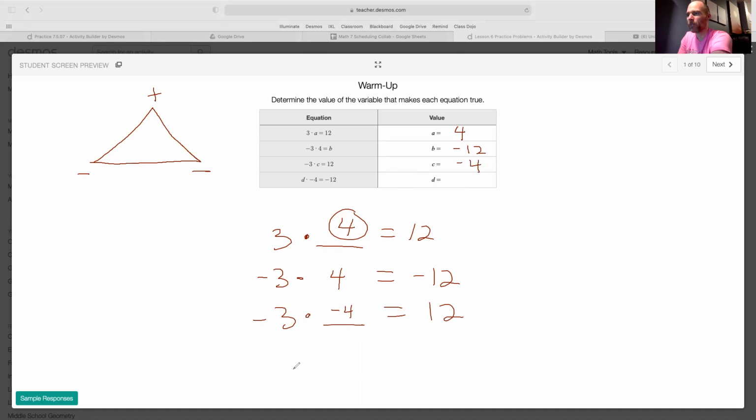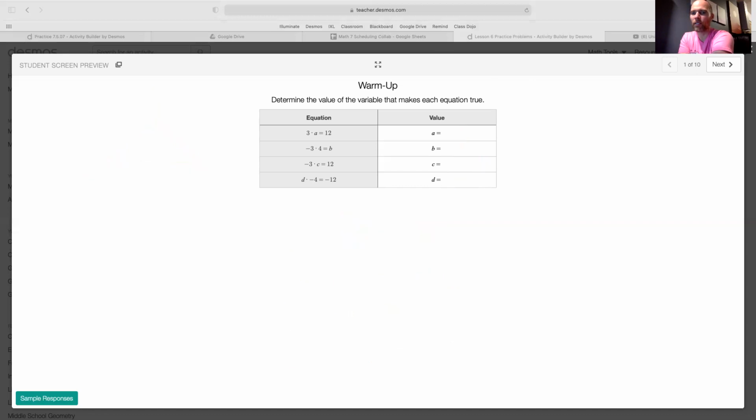And then the last one says blank, where the letter D is, times -4 equals -12. So since we already have a negative number here and our answer is negative, we're going to need to put a positive number here in the blank. And so it's going to be +3 this time. All right, let's move on.